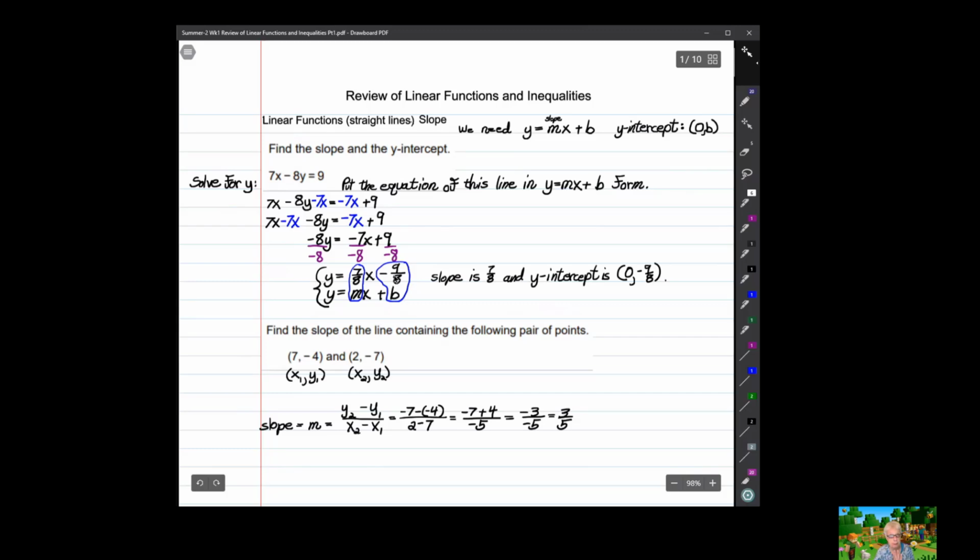Numbers and variables always take the sign in front of them. So our y-intercept is (0, -9/8) in parentheses, because that's always the way you write a point. And the y-intercept is a point.